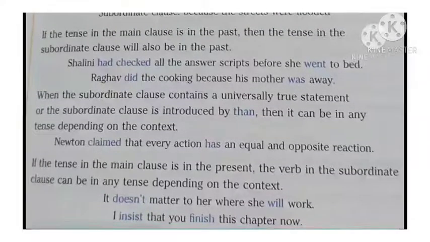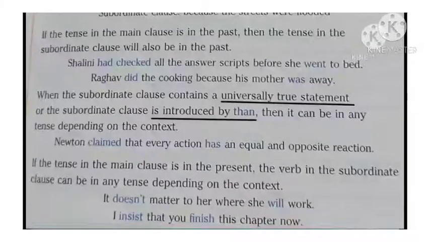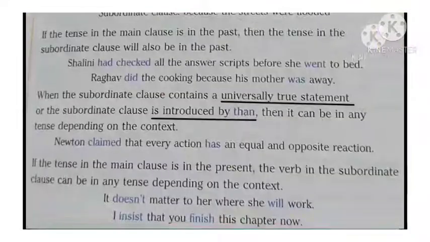Now look at the next rule. When the subordinate clause contains a universally true statement, or the subordinate clause is introduced by then, it can be in any tense depending upon the context. Suppose the dependent clause contains a universal truth, which does not change. As we have mentioned in our previous classes, universal truth means that it is permanent, that it cannot be changed.